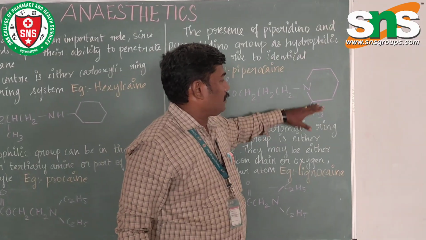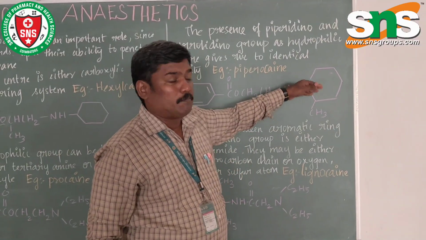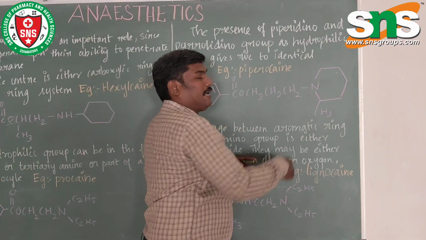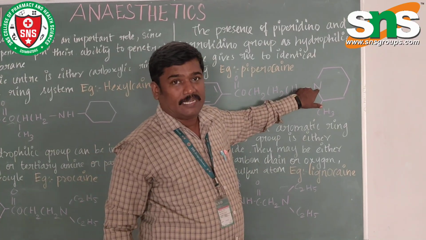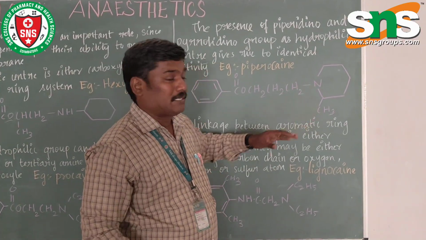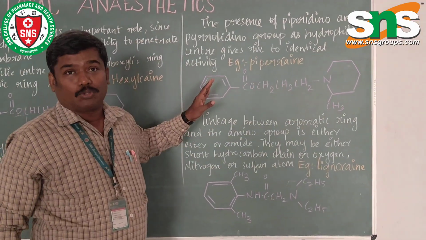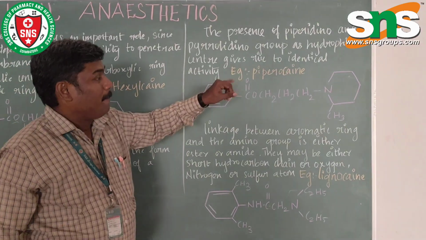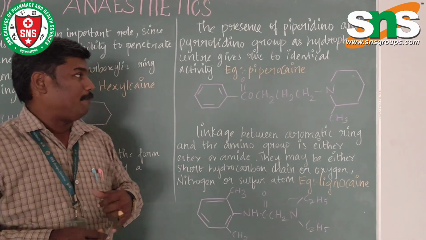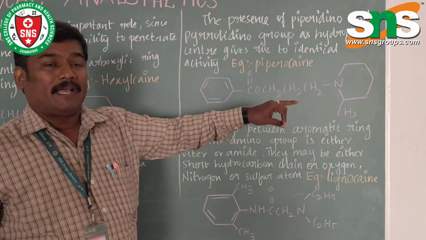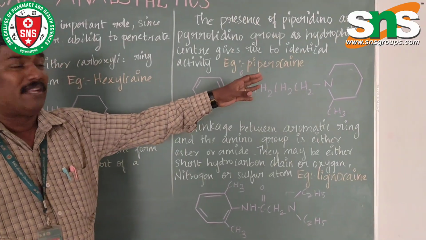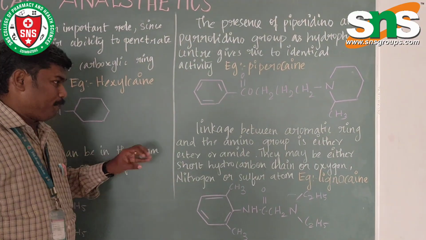Here 2-methyl piperidine has been attached. This is the 6-member ring to which the nitrogen is attached, and in the second position a methyl group is attached. So this 2-methyl piperidine is attached to the alkyl chain. The presence of any heterocyclic compound such as piperidine or pyrrolidine is also responsible for the hydrophilic ring.